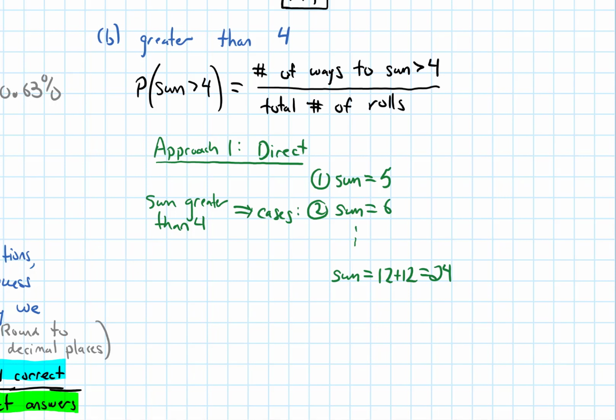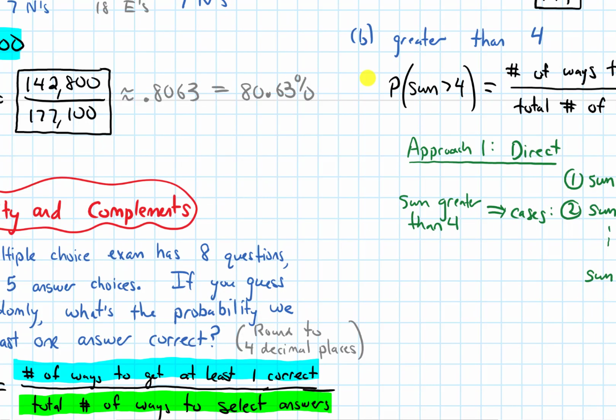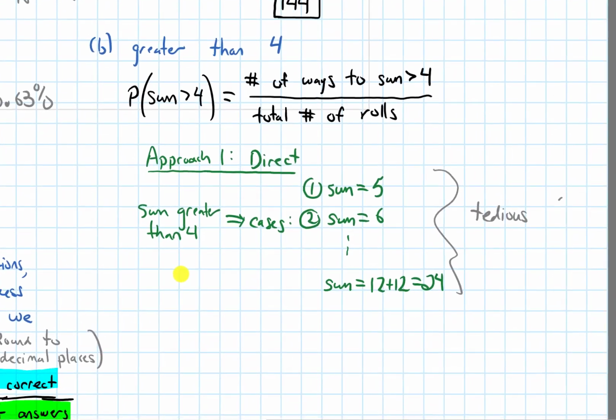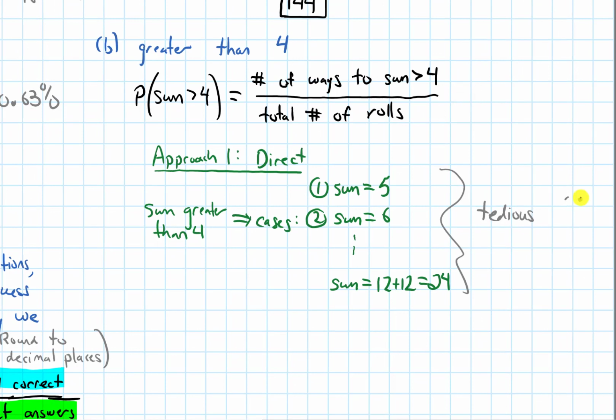So this process of doing it directly definitely looks tedious. And usually when something is tedious, I'm going to draw a sad face. Ideally, we would like if there is a more efficient way of doing this.